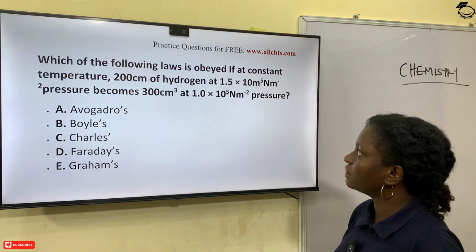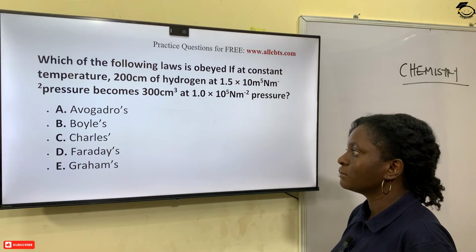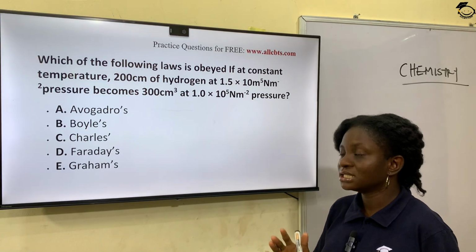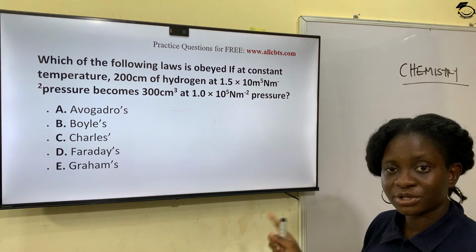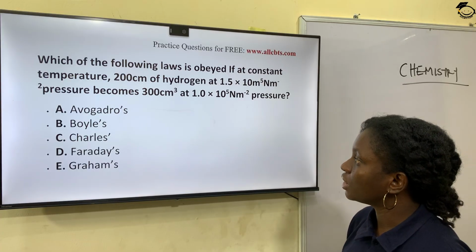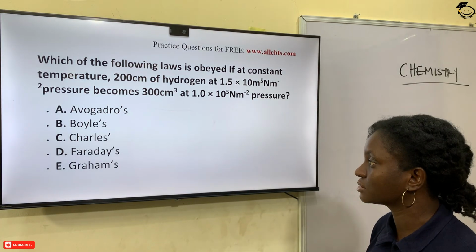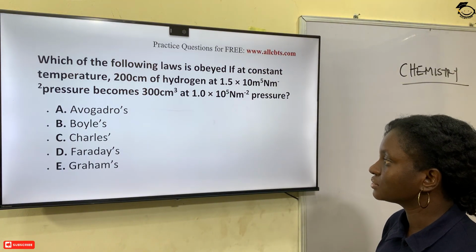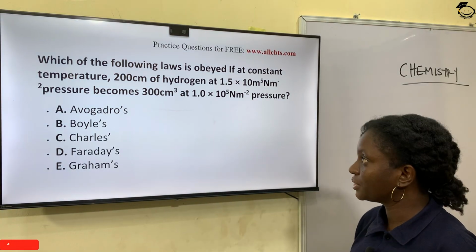So this law is known as Boyle's law, because Boyle's law states that at constant temperature, the volume is inversely proportional to pressure. So the options are A, Avogadro's law, B, Boyle's law, C, Charles' law, D, Faraday's, E, Graham's. The correct answer is Boyle's law, option B.